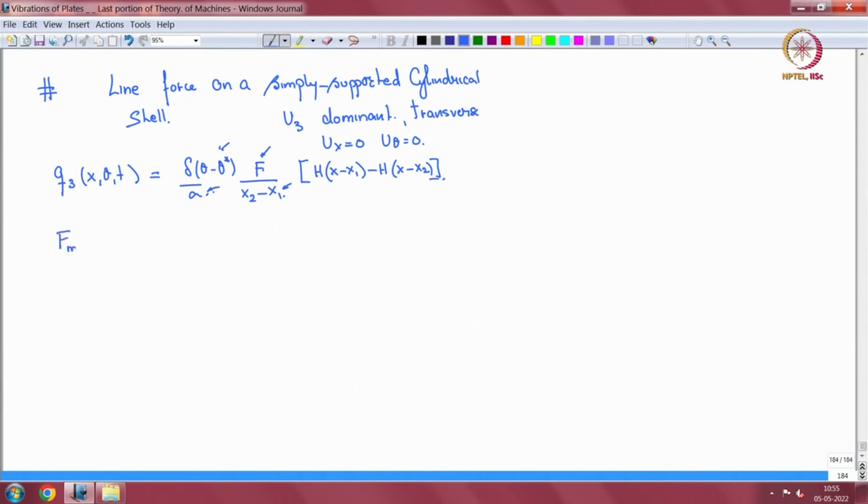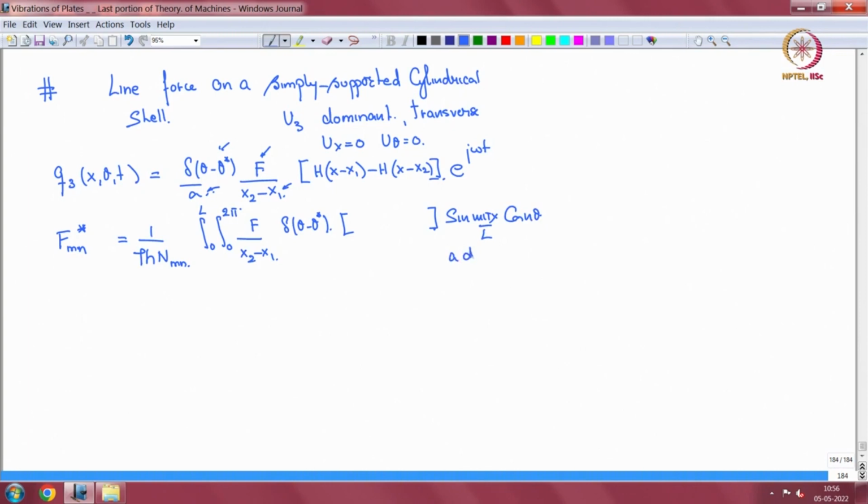Then the F m n, it's harmonic. So now the F m n star is 1 over rho h n m n integral 0 to L integral 0 to 2 pi f over x2 minus x1 delta theta minus theta star, this Heaviside function, then sine m pi x by L, the first set, a dx d theta.